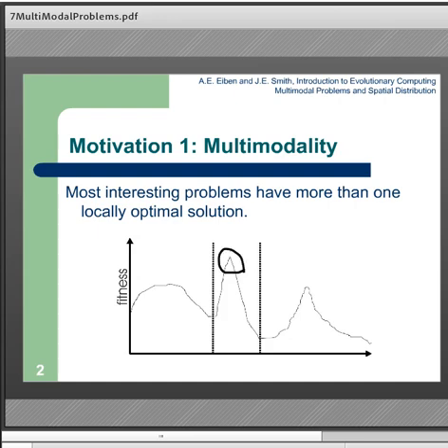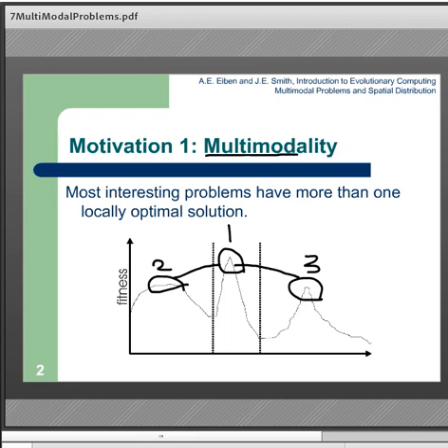We have one global maximum, the best solution. But we have other solutions near the best solution. Solutions 2 and 3 are local maxima, but these two solutions are near to the best solution.